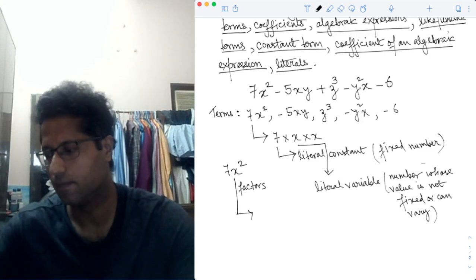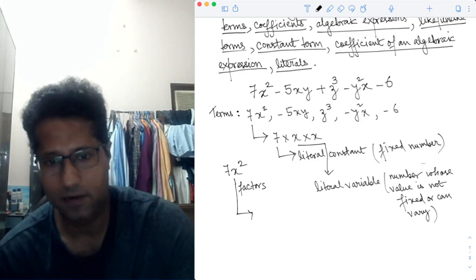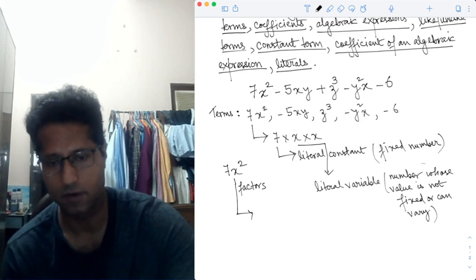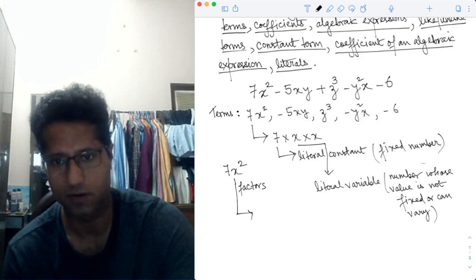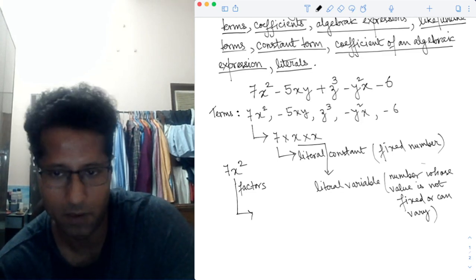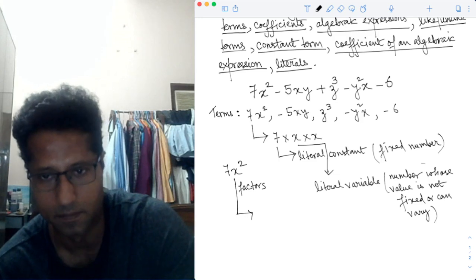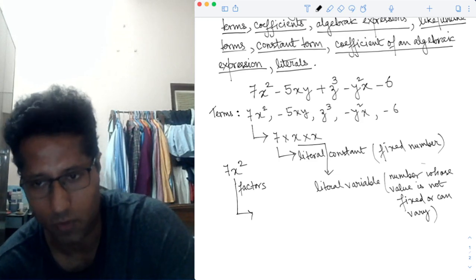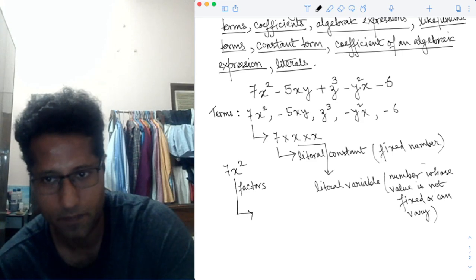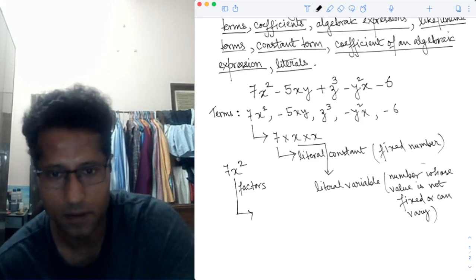What is a factor? A factor is related to a term. A factor is associated with a term. When you ask a factor, you say the factor of this term. So a factor is a product of one or more constants or variables appearing in a term.